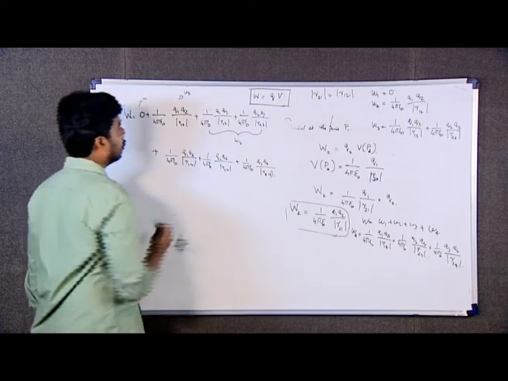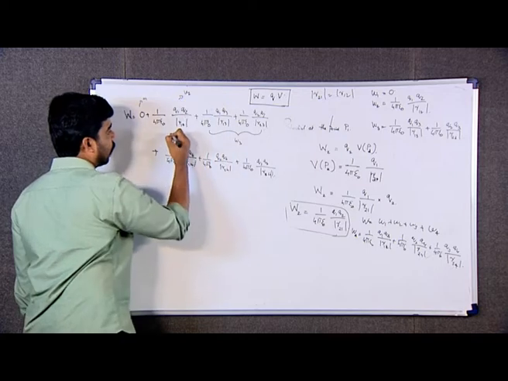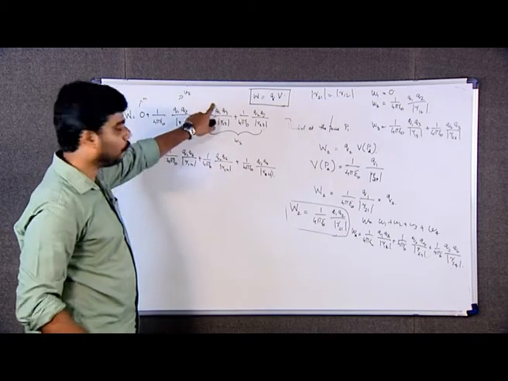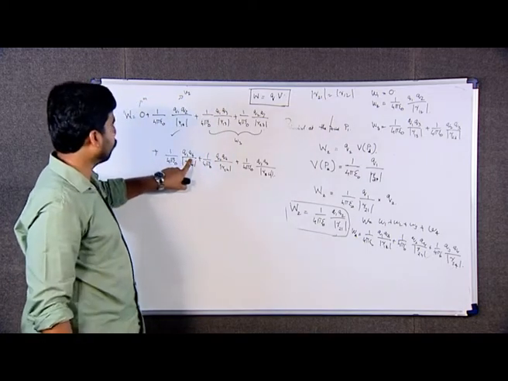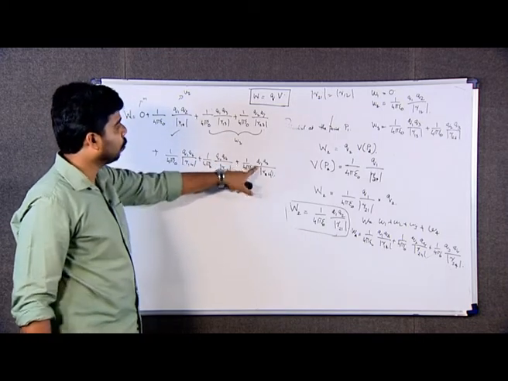So, are there any similar terms? Not similar terms. You can club the terms Q1 Q2, Q1 Q3 and Q1 Q4, then again Q2 Q3, Q2 Q4 and Q3 Q4.